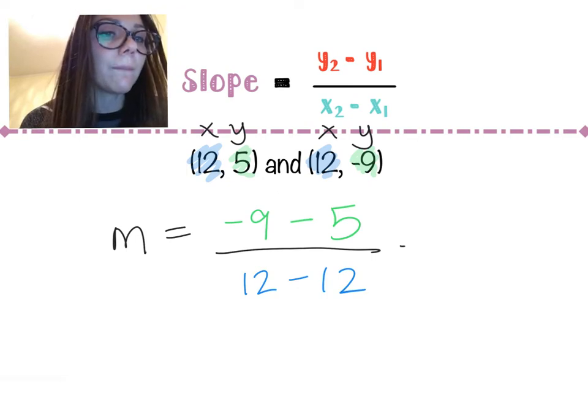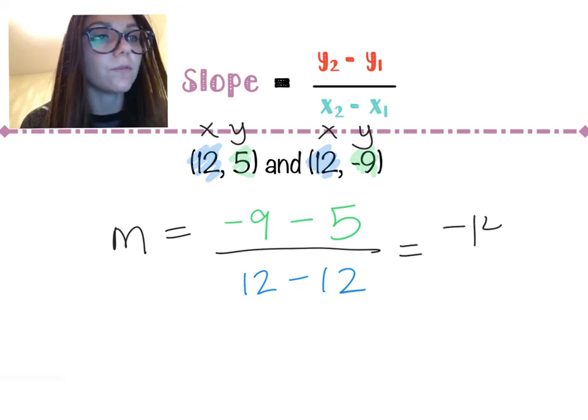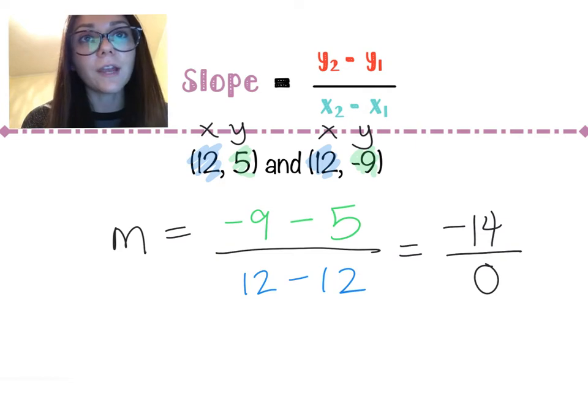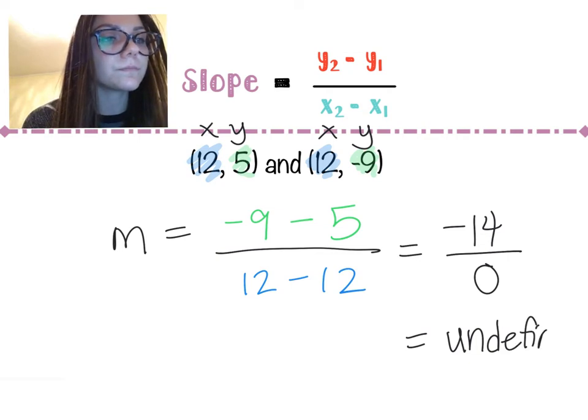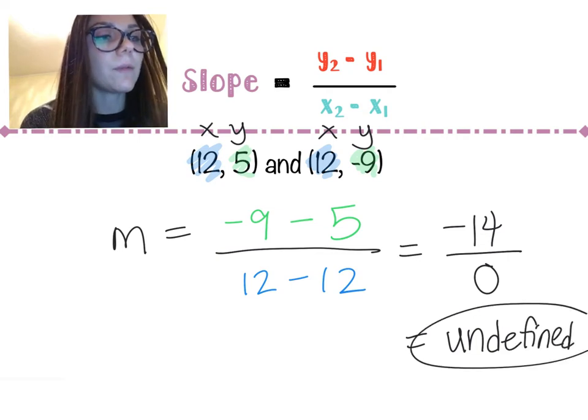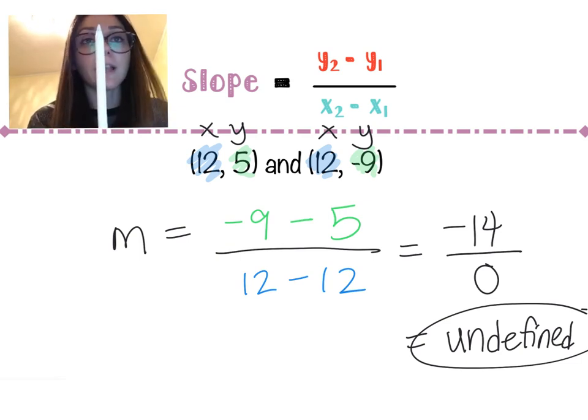Negative 9 minus 5 would be negative 9 plus negative 5, which is negative 14. And in the denominator, 12 minus 12 is 0. Now, I know that I can't divide by 0, so this is a case of an undefined slope. And that happens when you have a vertical line. So in other words, when your x values are all the same.